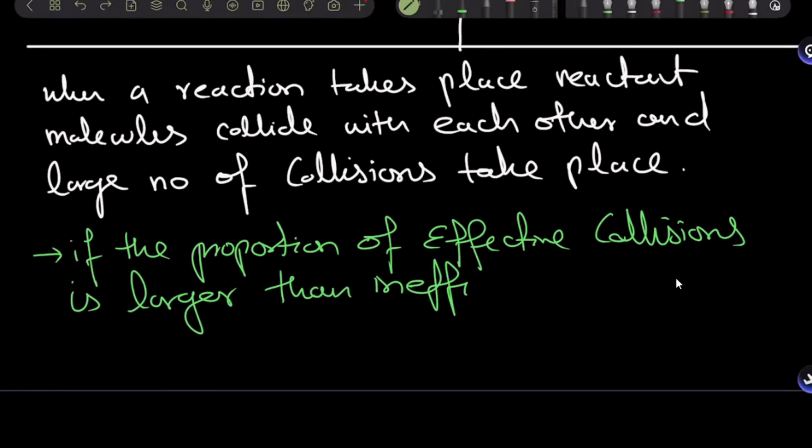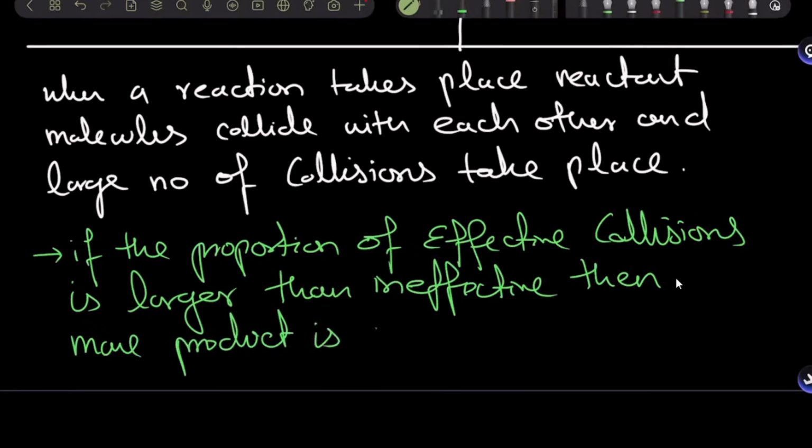Fruitful being the effective collision and unfruitful being the ineffective collision. So if the proportion of effective collisions is larger than ineffective, then more product is formed per unit time.